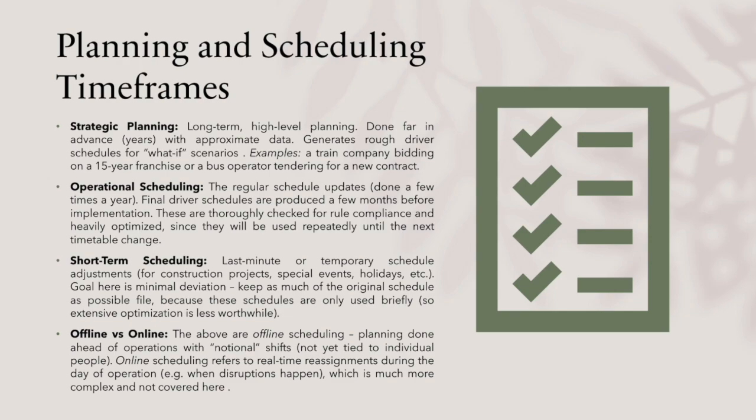Offline versus online: the above is offline scheduling, planning done ahead of operation with notional shifts. Online scheduling refers to the real-time reassignment during the day of operation, done by the operator. This is much more complex and not covered in this topic.